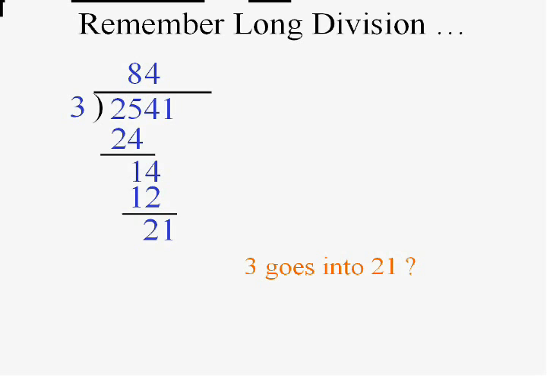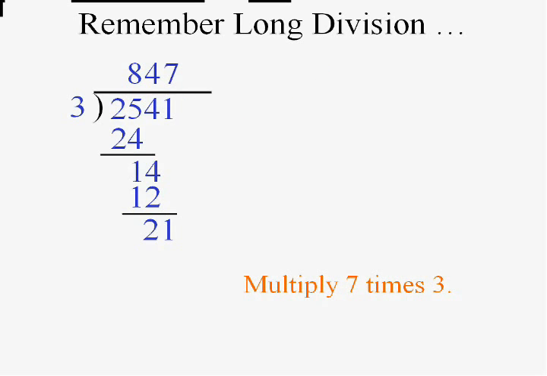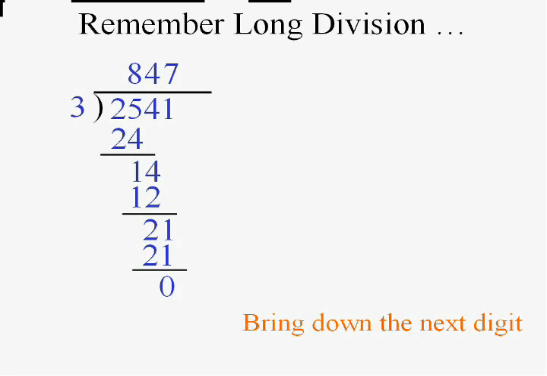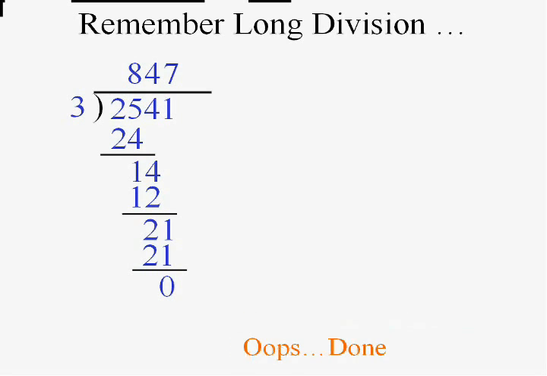I make a guess. 3 into 21, well, it goes in 7 times, so I write the 7, multiply 7 times 3, subtract to see what I'm off by, and then perhaps bring down the next digit. But there isn't the next digit, so I'm done.